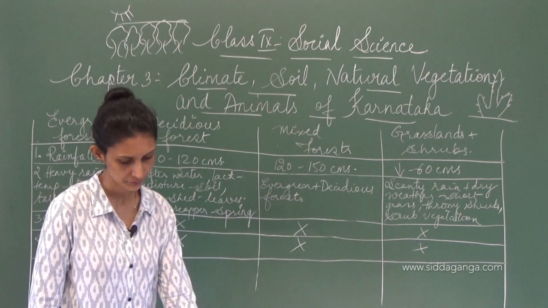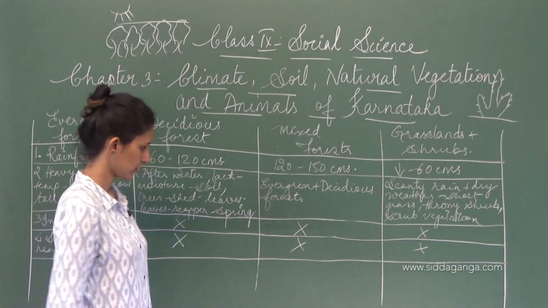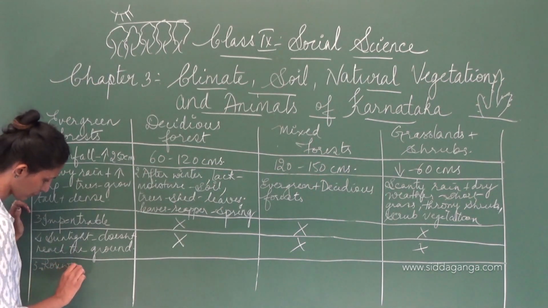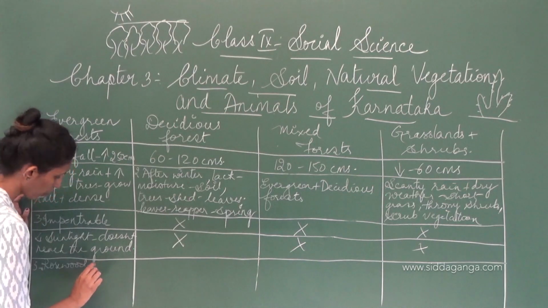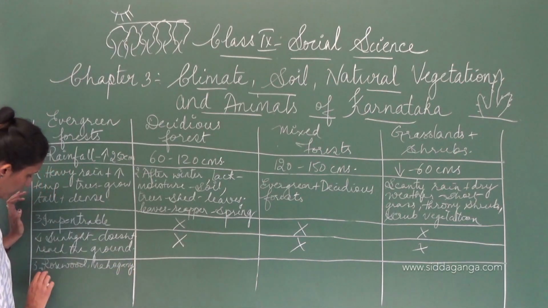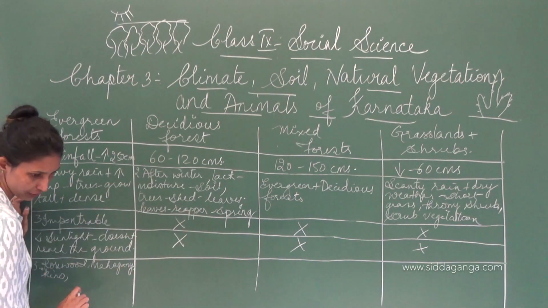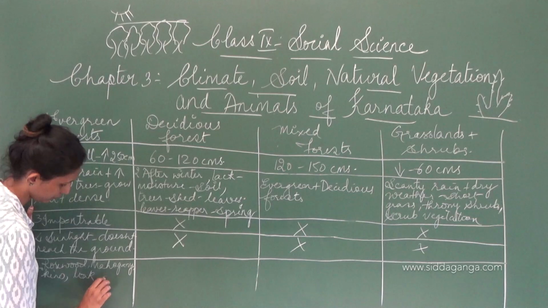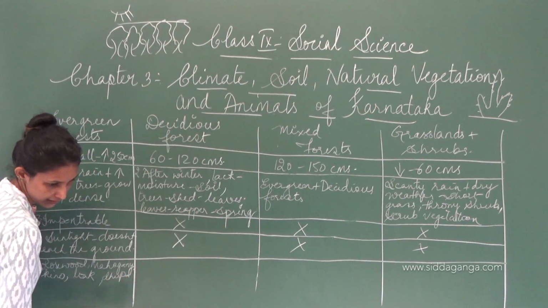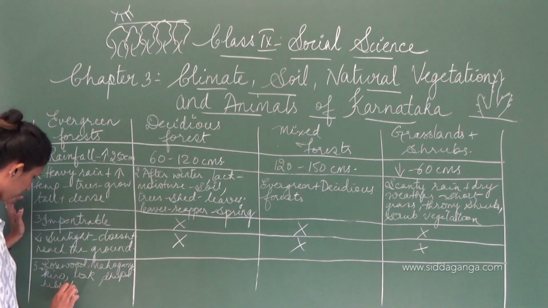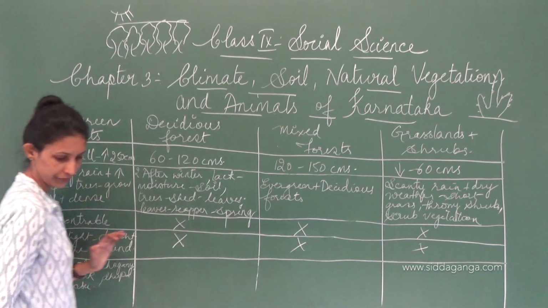Fifth point is types of trees. Here you have rosewood, mahogany, kino, I'll write only a few, teak, dhupa, and hebbalasu.